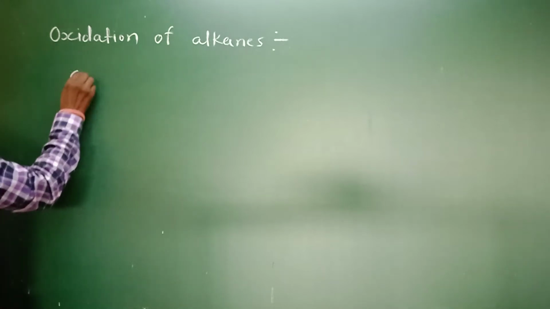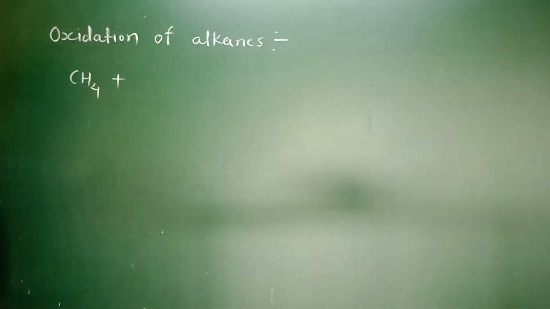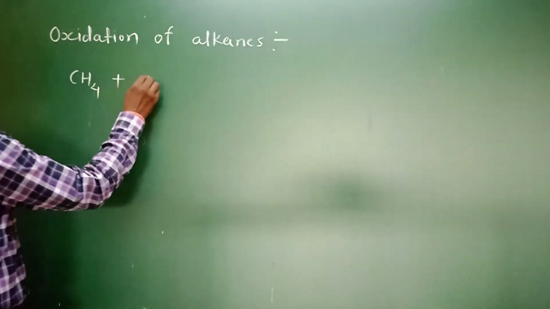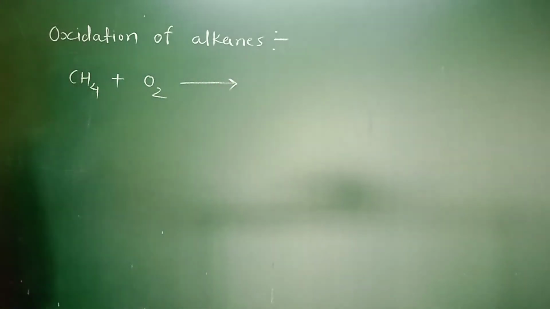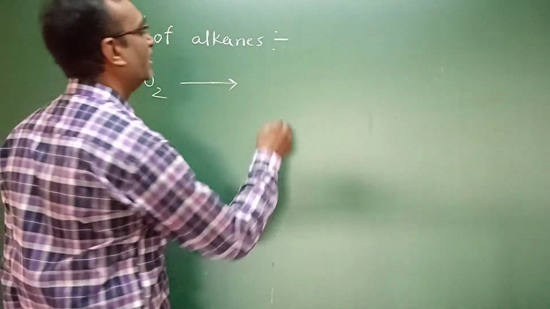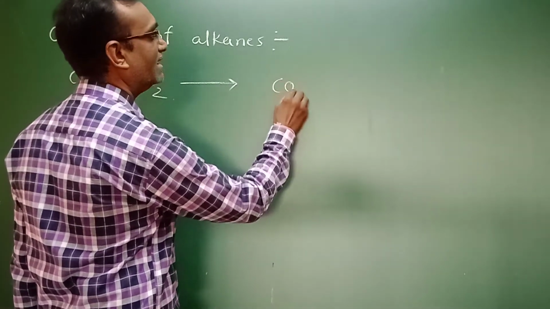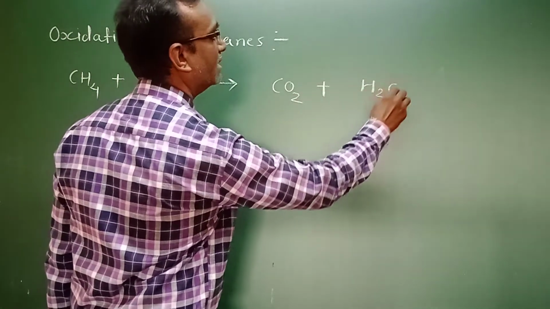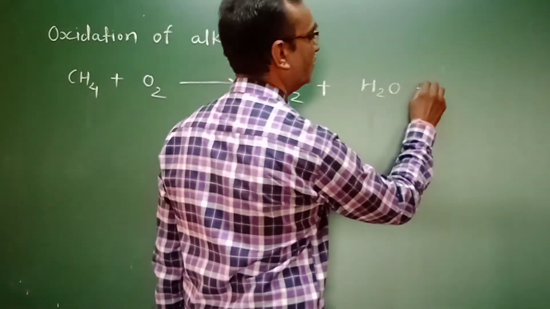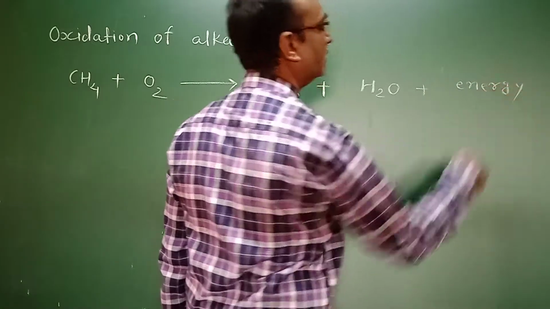If we react CH4, the first member of the alkane family, with oxygen, it will undergo combustion. And you are already familiar with the fact that in combustion with oxygen, alkanes always give CO2 and H2O, and a high amount of energy is given out.